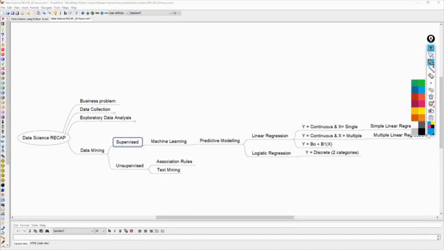You apply linear regression when the output variable is continuous. And you apply logistic regression when your output variable is discrete in two categories. You use linear when output is continuous, logistic when output is discrete. This is what you do.